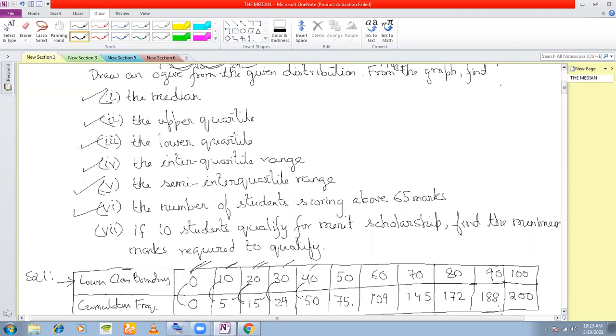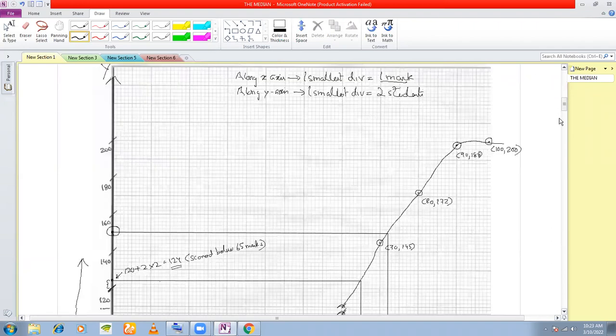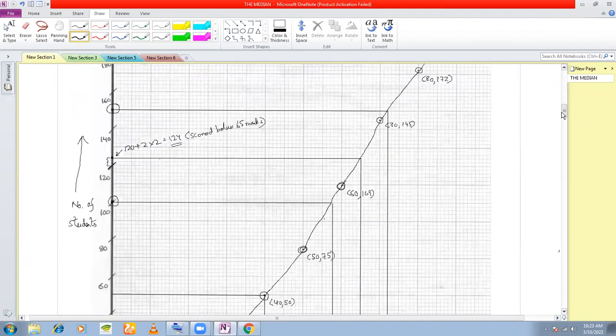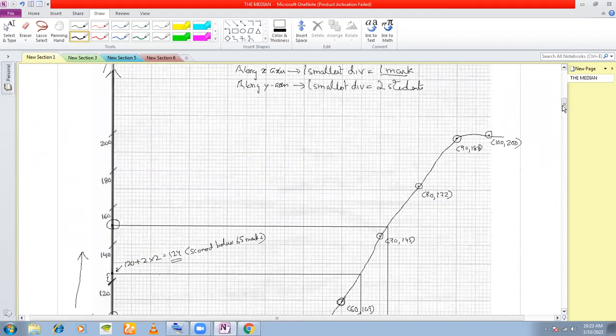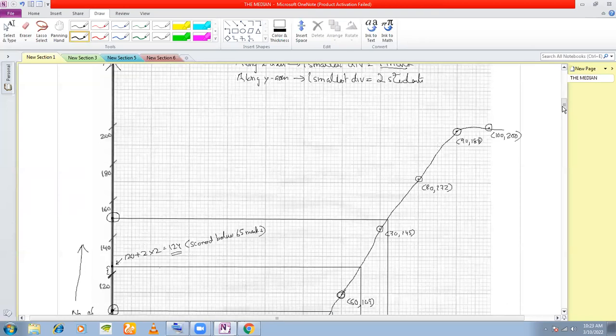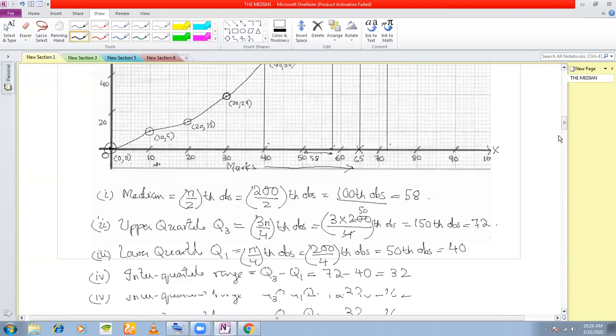Now, because they are talking about students, and students we have plotted along the y-axis, right? So therefore, if 10 students qualify for merit scholarship, how many did not qualify for merit scholarship? 190 students, right? Let me write here first.